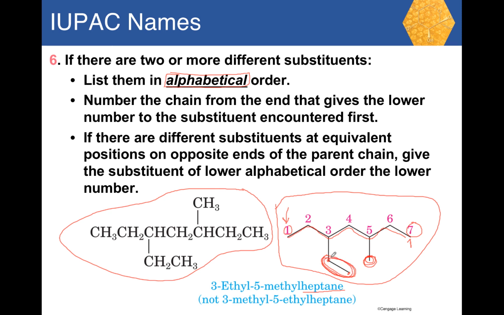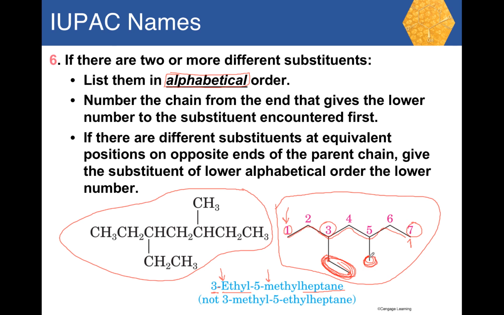So in this molecule, we have an ethyl and a methyl. We list the ethyl first because E comes before M. And next we list the methyl because M comes after E. Then we have to indicate the location of these groups. The ethyl group is on carbon number 3, and notice it's a dash to separate the number from the letter.